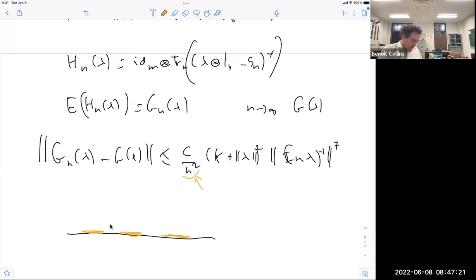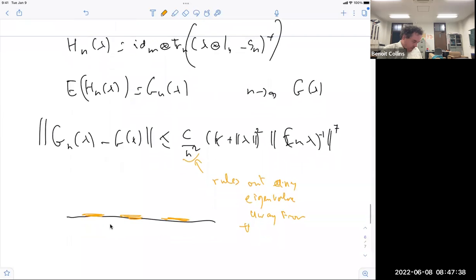So this rules out any eigenvalue away from the limiting spectrum. I'm not going to say more about that.